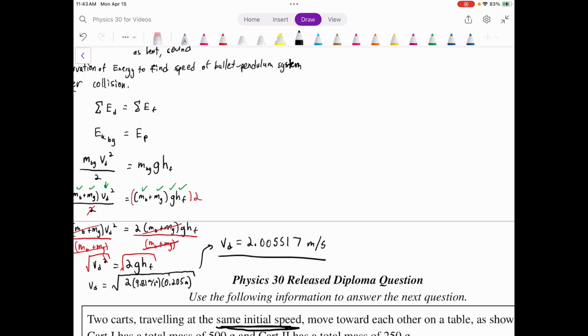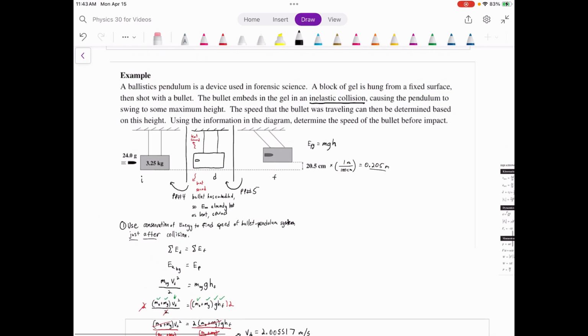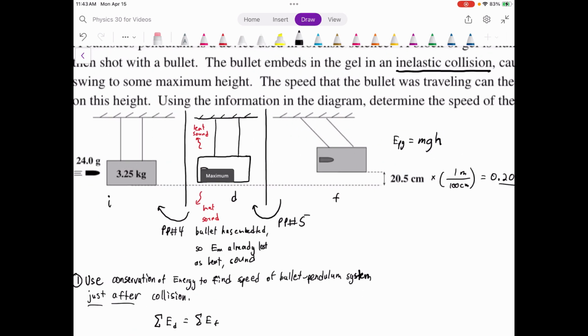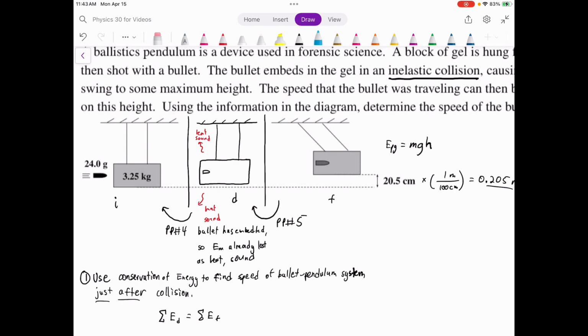Okay, so just to recap, using conservation of energy, we figured out what this must have been moving at in the instant after the collision, where the heat energy has already been lost. It had a speed of 2.005517 meters per second.